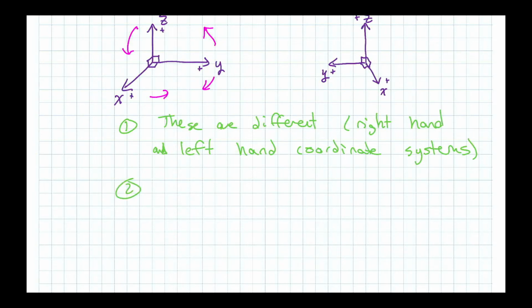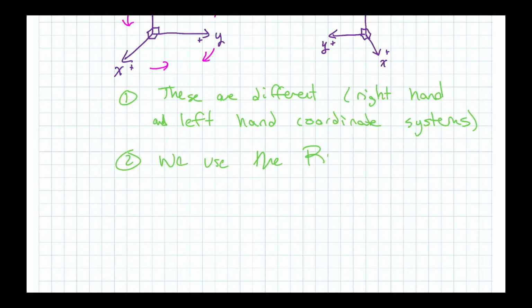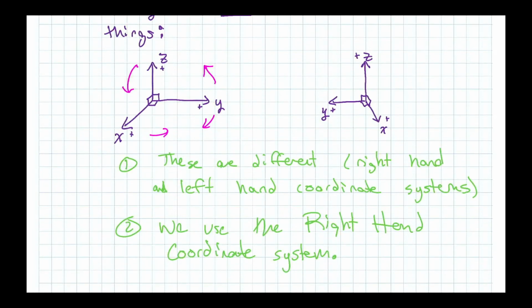We use the right hand coordinate system. Which one's the right hand coordinate system? It's the first one that we did, and I'll show you why momentarily. So it's this one, this is the right hand rule, and this is the left hand rule.